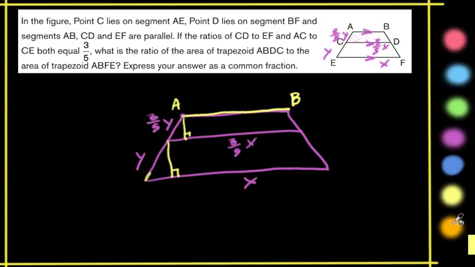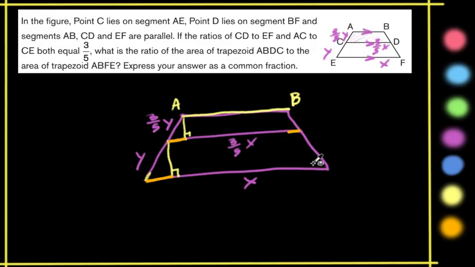Let me draw these two segments in gold here. So this segment here and this segment here. Okay, and we can do the same thing on the other side as well, and we'll get a segment here and a segment here.